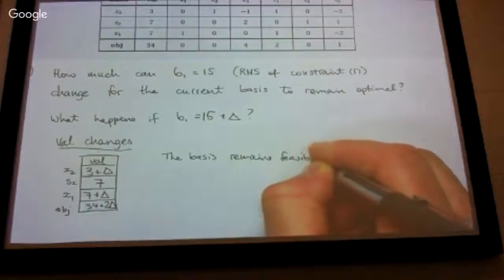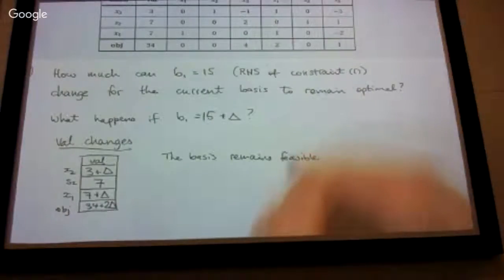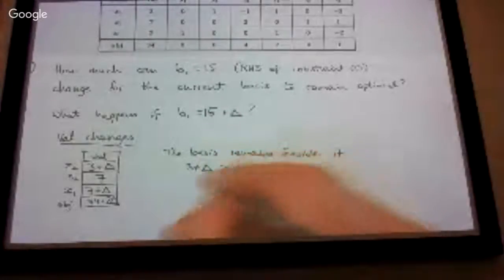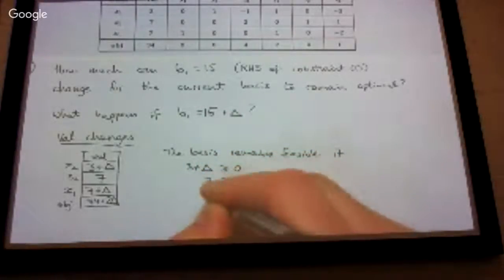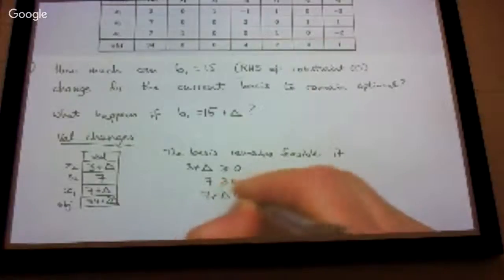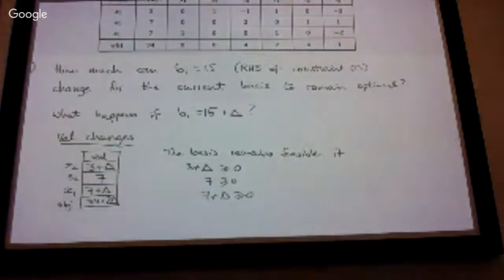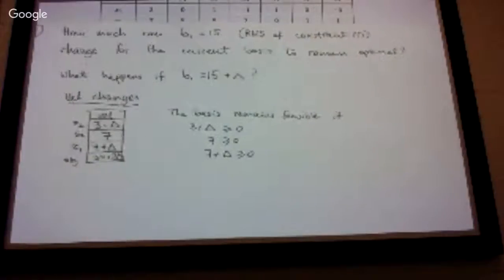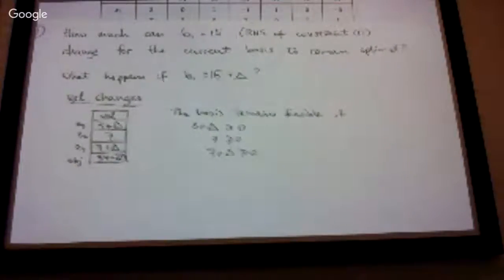if all these values, 7 and 7 plus delta, are greater than or equal to 0. Okay. And if we have all these conditions, then the basis is feasible, and then we don't have to pivot at all, and the same basis remains the optimal basis.